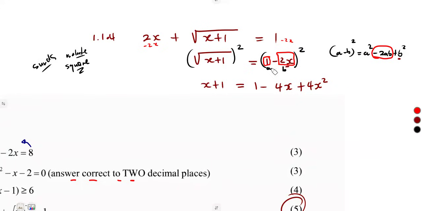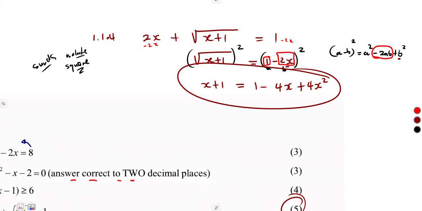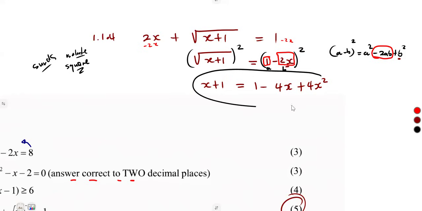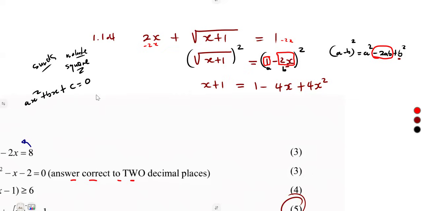We have removed the square root by squaring both sides. Now that we have removed the square root, we can see that what we have formed here is a quadratic equation. So you're going to need the format back again of a quadratic equation: ax squared plus bx plus c is equal to 0.